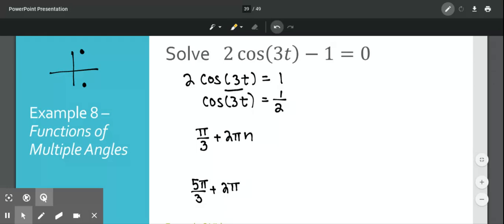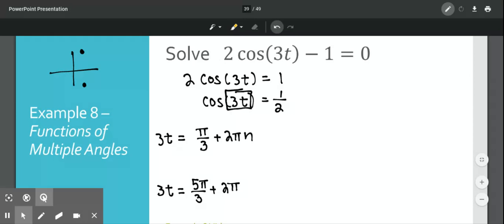But if you notice, instead of an x, or instead of a variable, we have 3 times that variable. So instead of saying x equals pi over 3 plus 2 pi n, we would say that 3t is at that point. Right? So whatever we were taking the cosine or the sine of is what we're setting that value equal to.